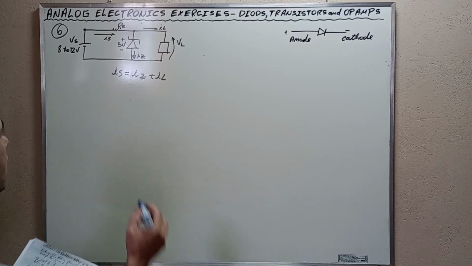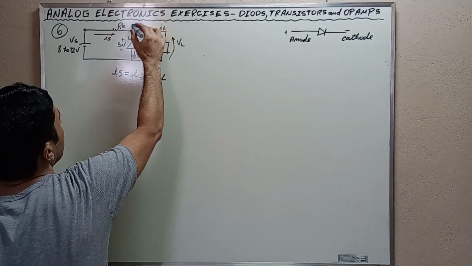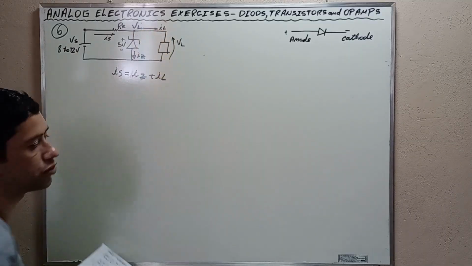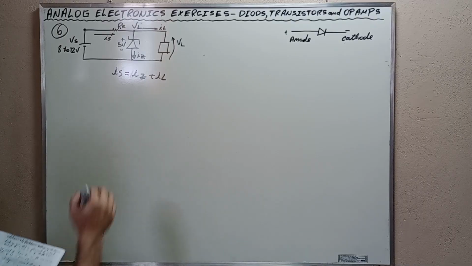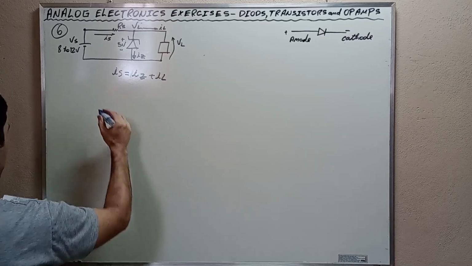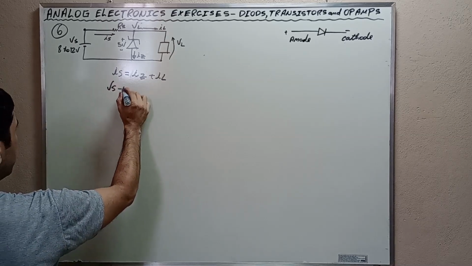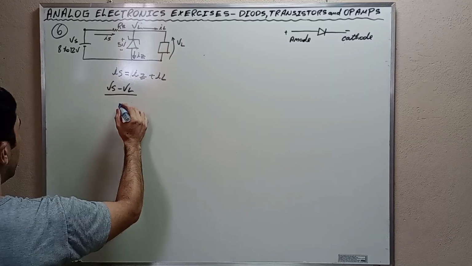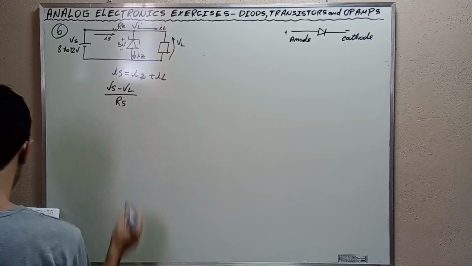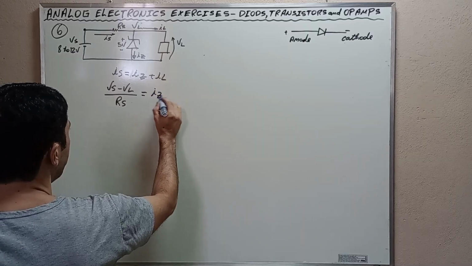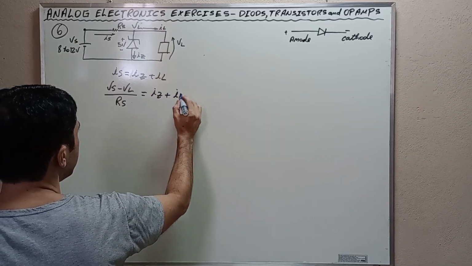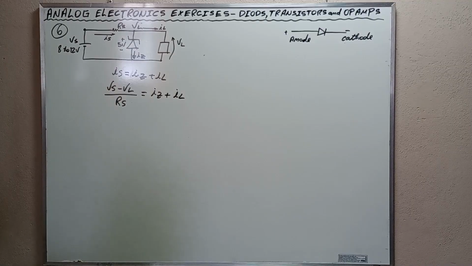I'm going to label here VL, just to facilitate our understanding. Is is equal to Vs minus VL divided by Rs, which is equal to the current through the Zener plus the current that goes to the load.